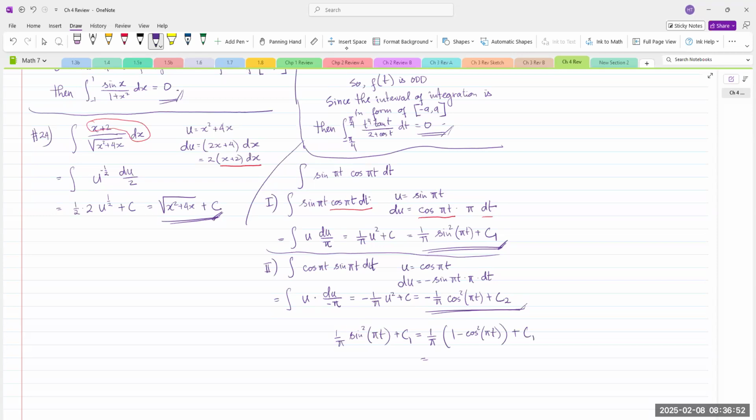So this is 1 over pi minus 1 over pi cosine squared pi t plus C1. Now I hope you can see that this is our C2.